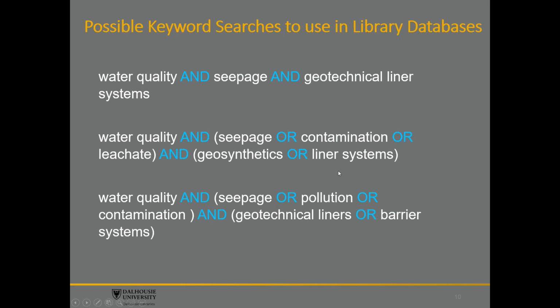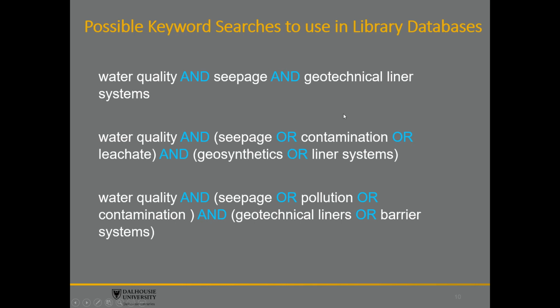The ands and the ors are what are called Boolean operators, and you've likely heard of this term before, Boolean searching. And the concept is just based on a mathematician named George Boole, who came up with this system of logic. So Boolean operators include and, or, and also the word not.